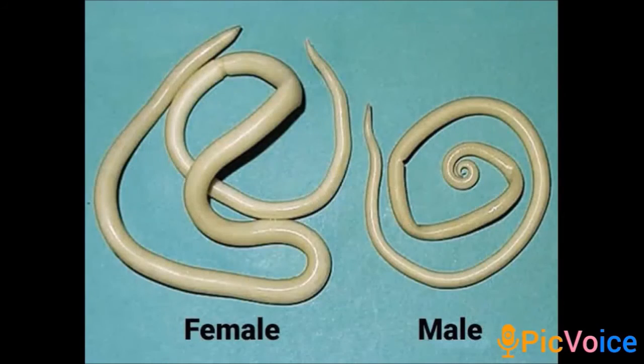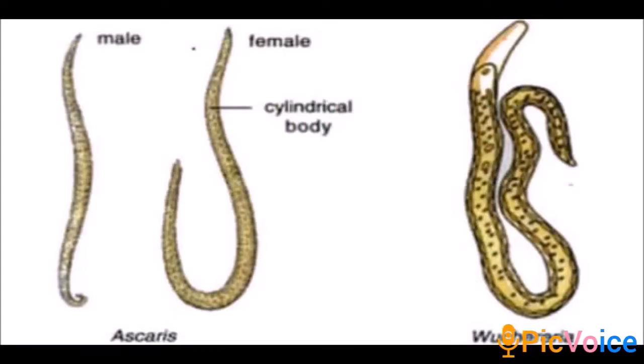And these roundworms are organ system level, that is, the organs are well developed, and they are bilateral. When an Aschelminth or roundworm is taken and divided, it will divide into two equal halves, and they are triploblastic, that is, three layers are present, and pseudocoelomate, that is, no true coelom is present, a false coelom is present around the gut wall.